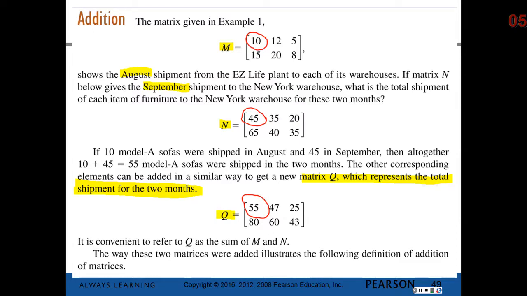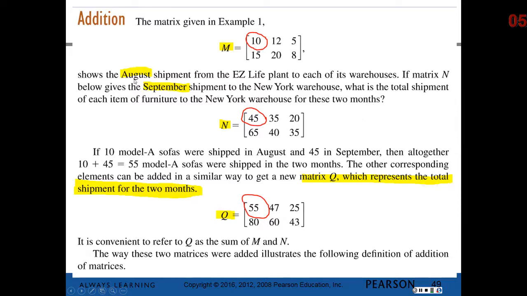The matrix that we talked about in example 1, about the furniture, the 10 represented the August shipment from Easy Life Plant to each of its warehouses. If matrix N gives the September shipment, what's the total shipment of each item to the New York warehouse for 2 months?